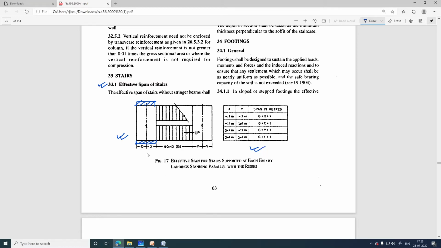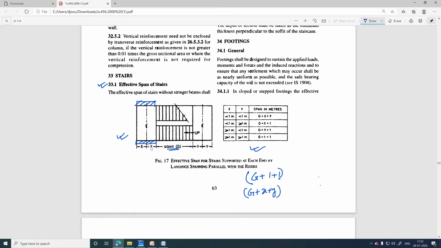That means, if this is 2x and this is 2y, we need to consider the length of the effective span either g plus 1 plus 1, where g is the length of the going, that means this portion, or g plus x plus y.